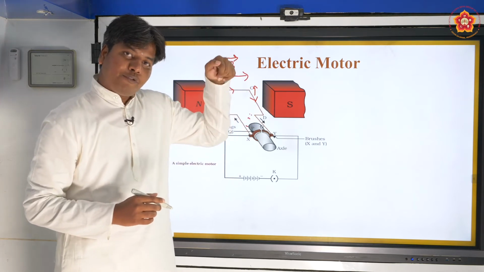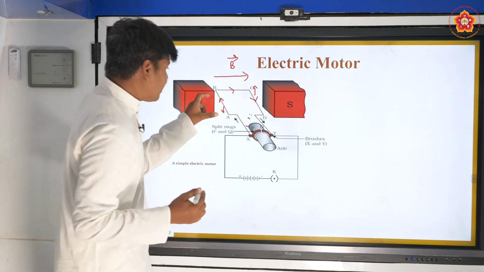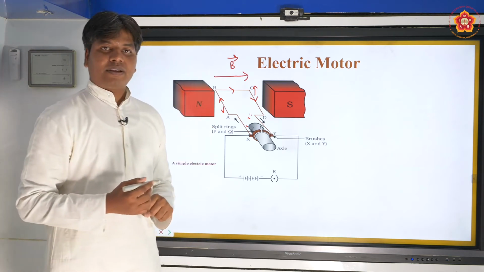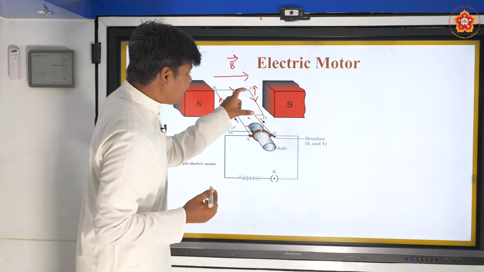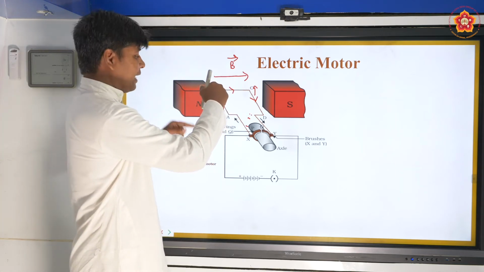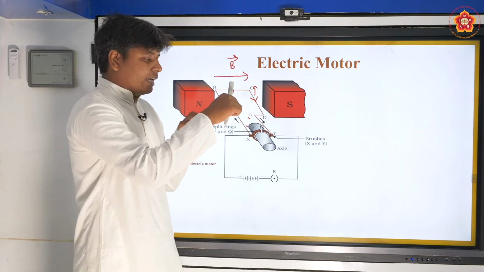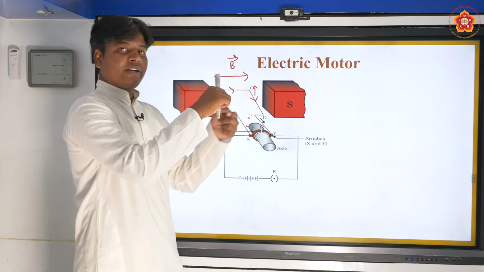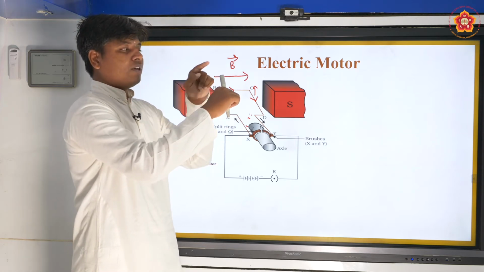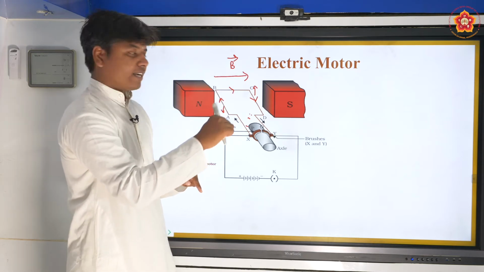To experience a force downwards, we need to have the current similar to AB, right? That means CD should behave as AB when it goes up, and AB should behave as CD when it goes down, so that it will have the current upwards, it will experience a force upwards now, it will experience a force downwards now. Do you understand?